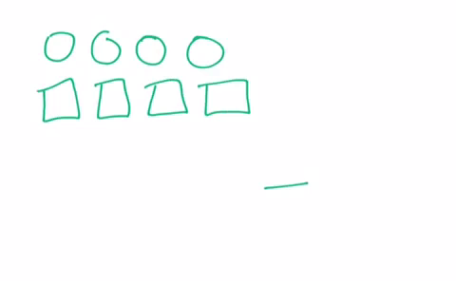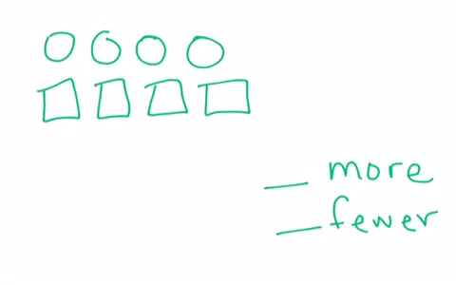And we'll look for more, and we'll do fewer as well, just so that we can see that as we're comparing, the answer is going to be similar. So I might say to you, how many more squares are there in this picture, or how many fewer circles are there?